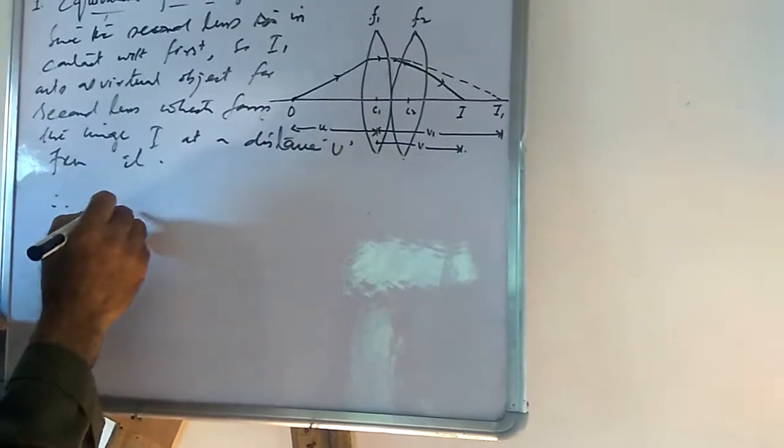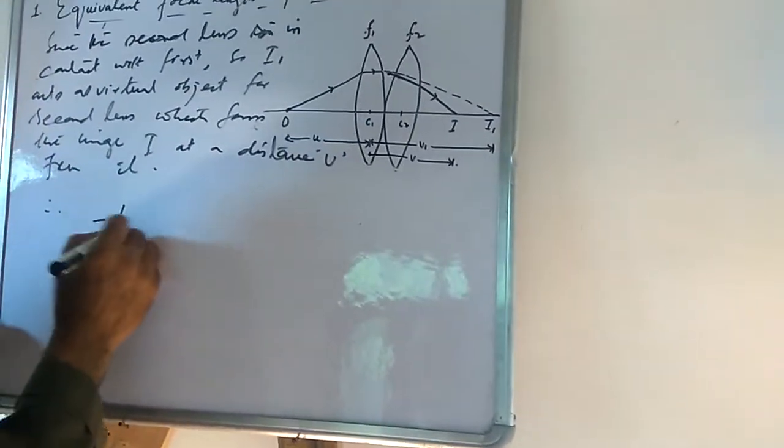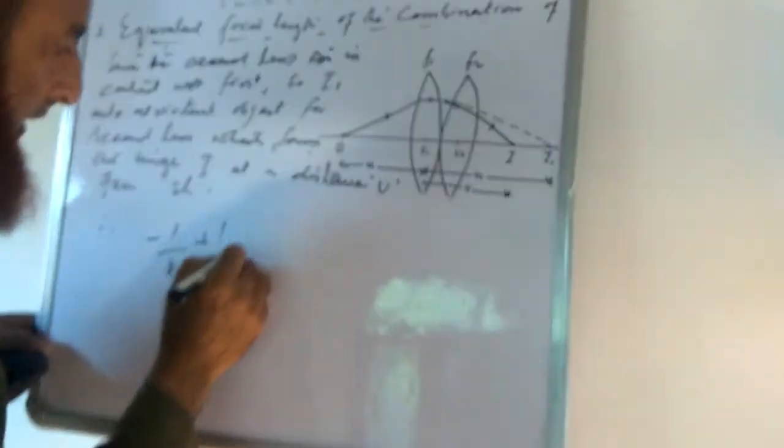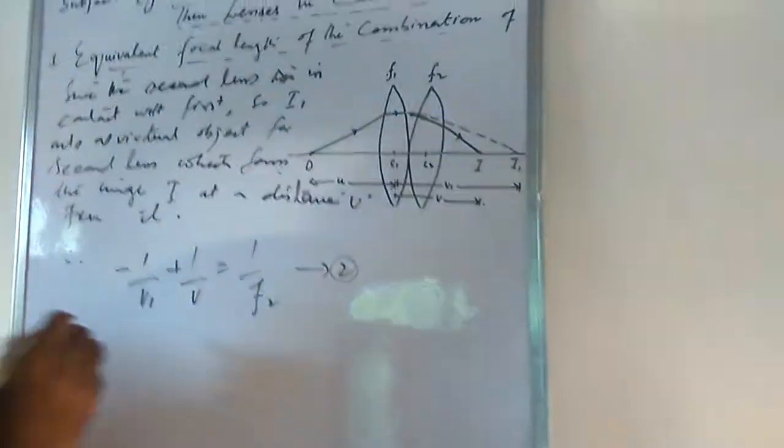Therefore, minus 1 by v1 plus 1 by v is equal to 1 by f2. This is the second equation. Now we will add the first and second equations.